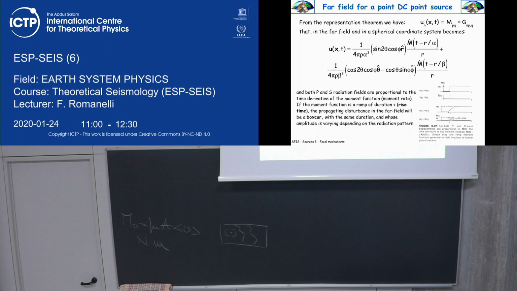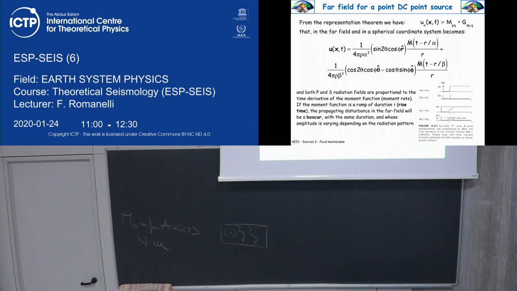Good. Okay, then we are left with this normalization denominator here, that is containing the cube power of velocity. So we should expect that this is smaller, so this is larger. Yes. And then we have radiation patterns.